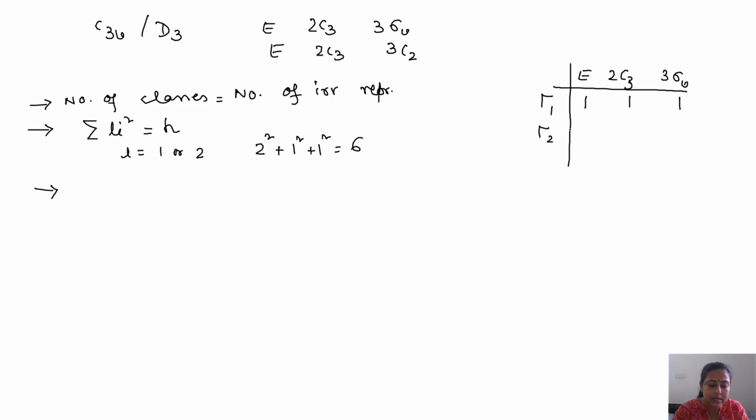So the entries can only be 1, 1, minus 1. Just check it out. 1 into 1 plus 2 into 1 into 1 plus 3 into 1 into minus 1. So this is going to be 1, this is going to be 2, plus this is going to be minus 3. So this is going to be 0.